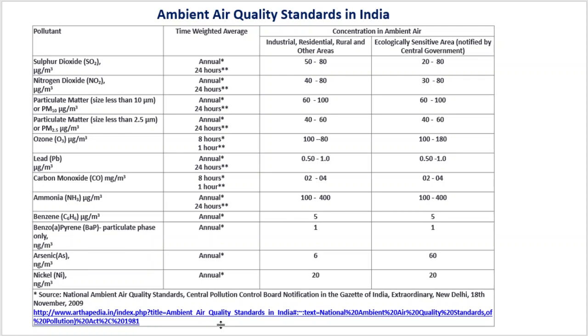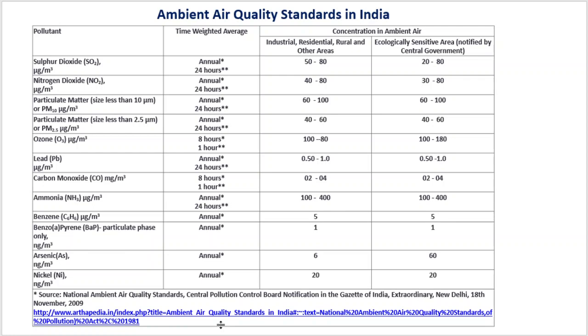The Central Pollution Control Board, in exercise of its power conferred under Section 16(2)(h) of the Air Prevention and Control of Pollution Act 1981, 14 of 1981, hereby notifies the National Ambient Air Quality Standards with immediate effect. Annual arithmetic mean, minimum 104 measurements in a year taken twice a week or 24 hourly at uniform intervals.